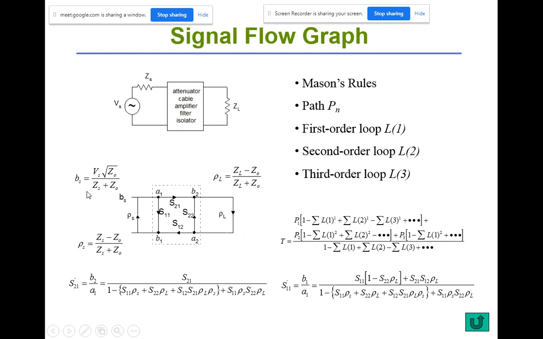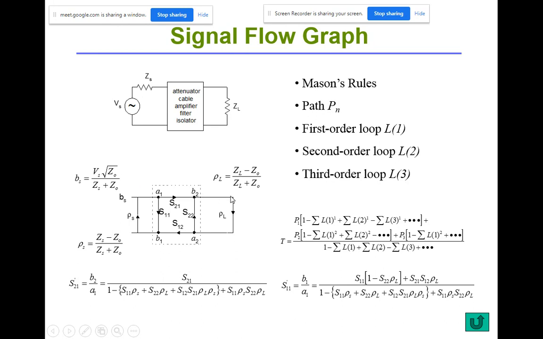But Vs divided by the total impedance gives you the current, isn't it? So you can also write Bs as current times the square root of impedance. All right, so that gives us Bs.